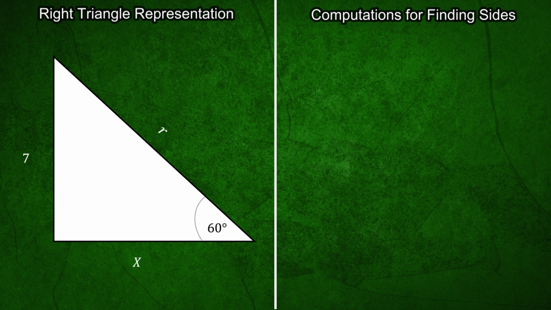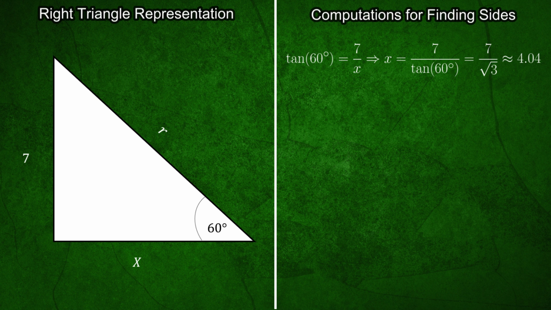Let us consider the following right triangle, in which angle theta is equal to 60 degrees, and the opposite side is 7. Thus, if we want to find the adjacent to that angle, we can use the function tangent, and we know that tangent of 60 degrees will be equal to 7 over x.